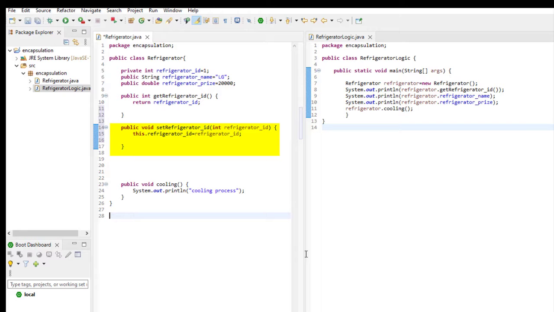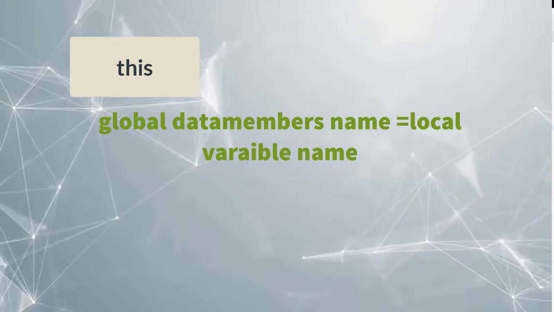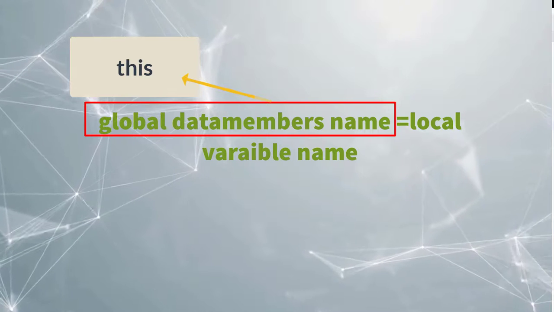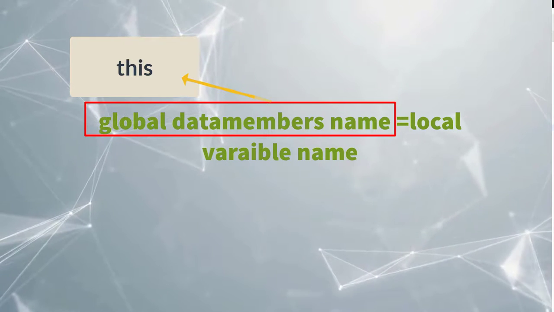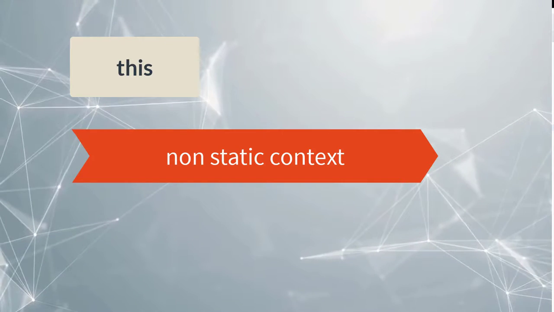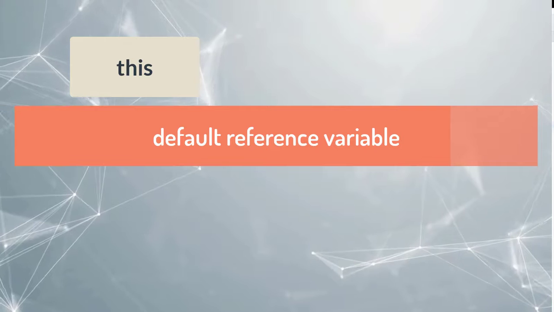So what is the use of the this keyword? Whenever the global data member and the local variable names are the same, to point to the global data member we use the this keyword. The this keyword is used to point to the current object. It can be used only in a non-static context. The this keyword is a default reference variable in Java.